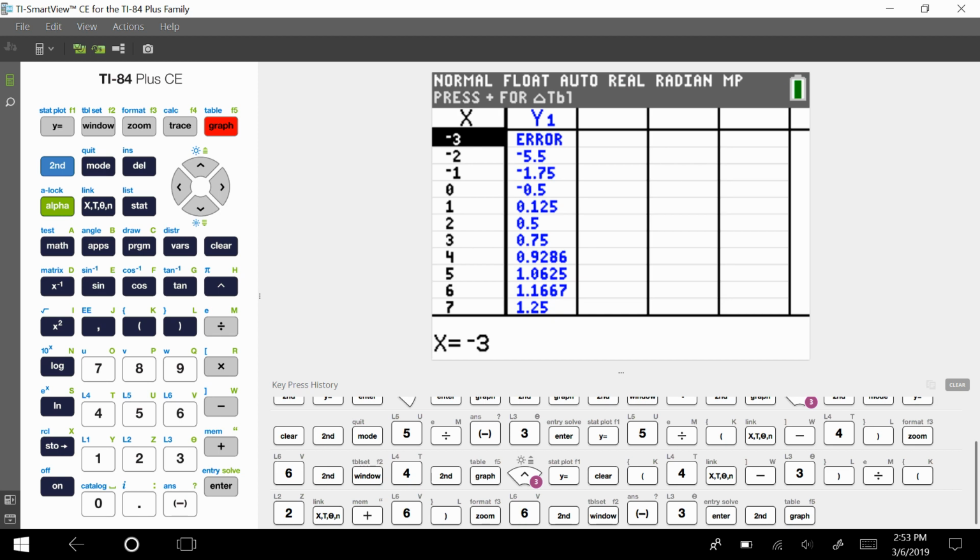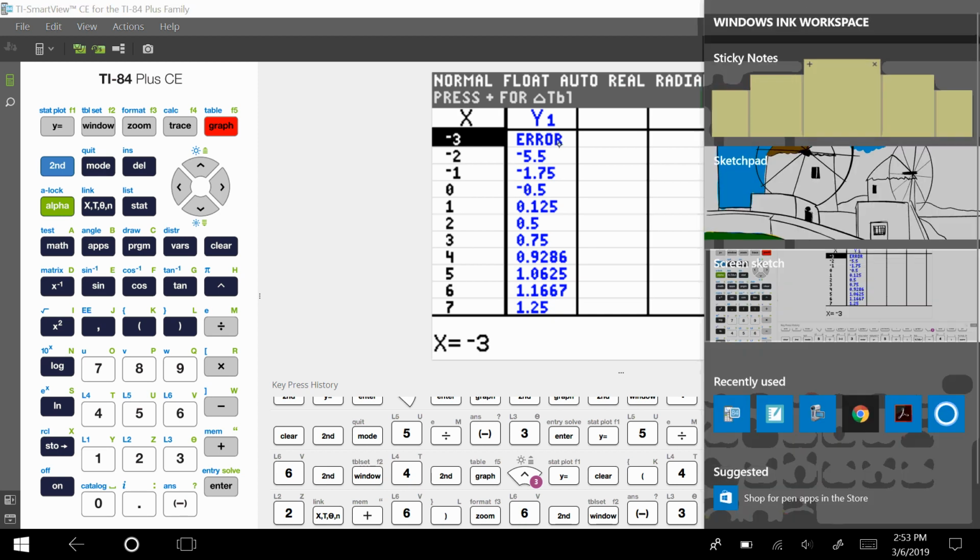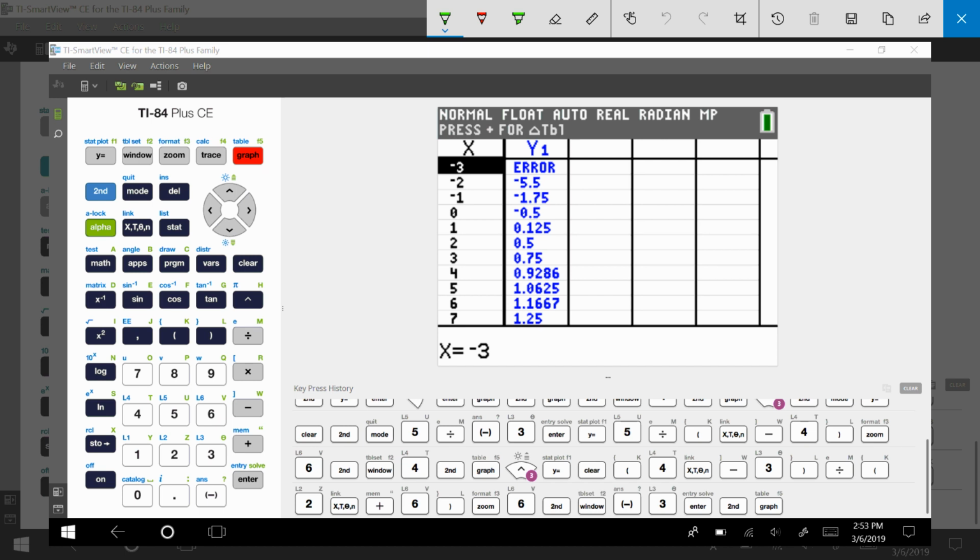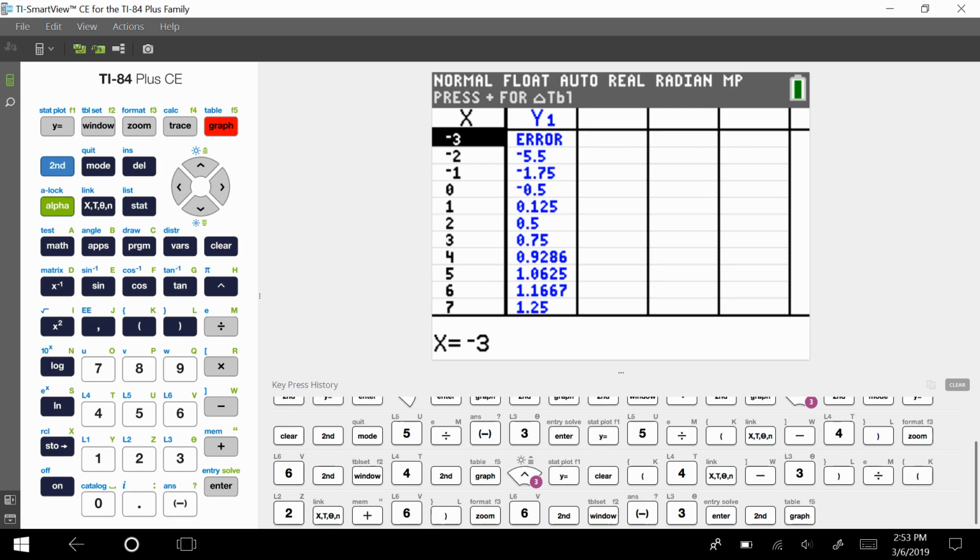We see an error. We see this arrow right here because that is a vertical asymptote. That's why we drew the dashed lines. That is why we drew them. Now, I want to see all the tables, so I need to go up. I need a -6.